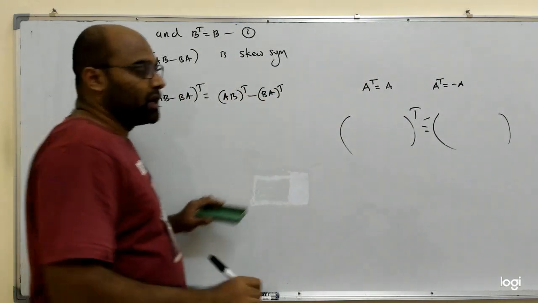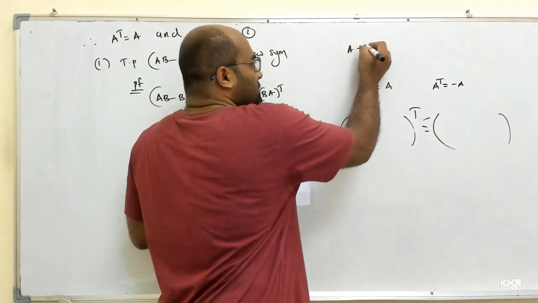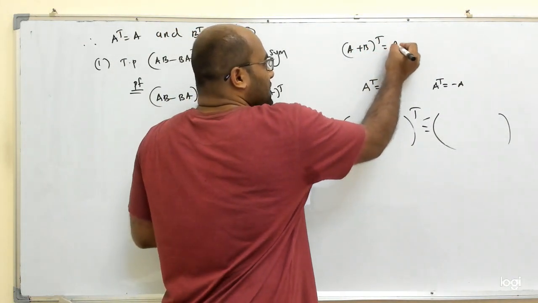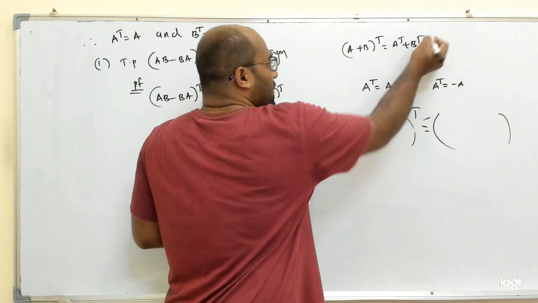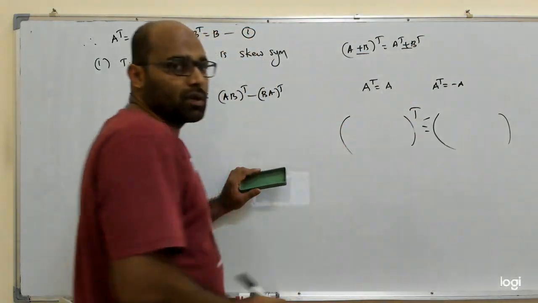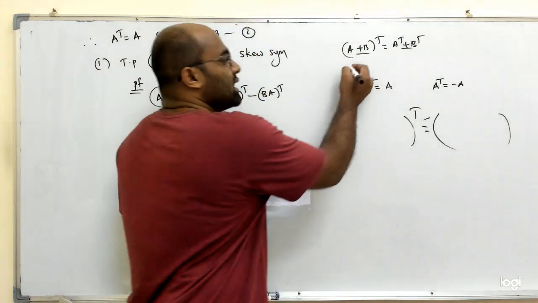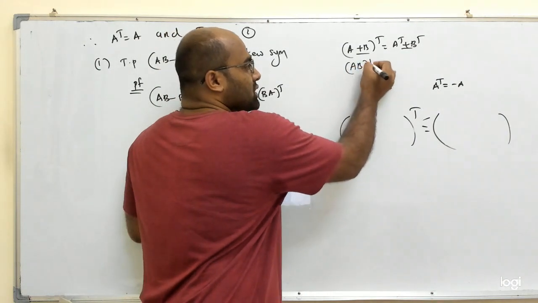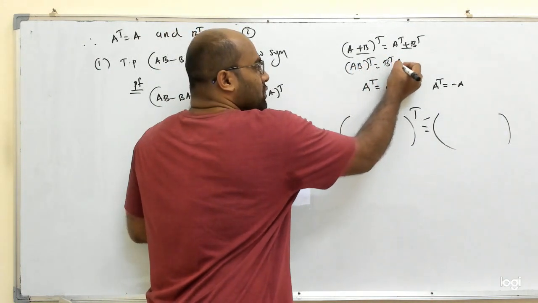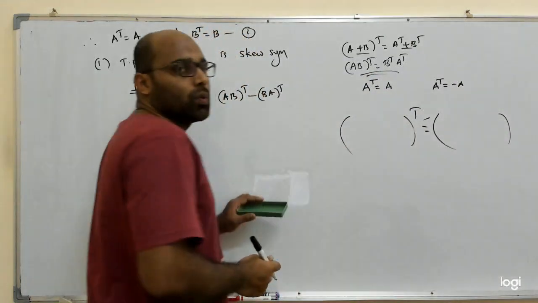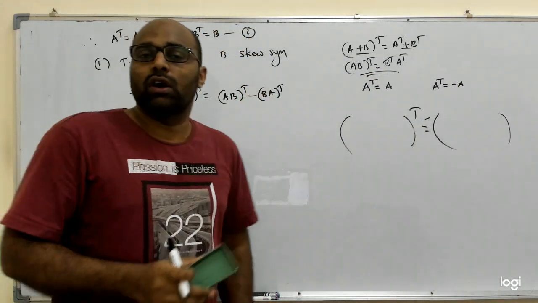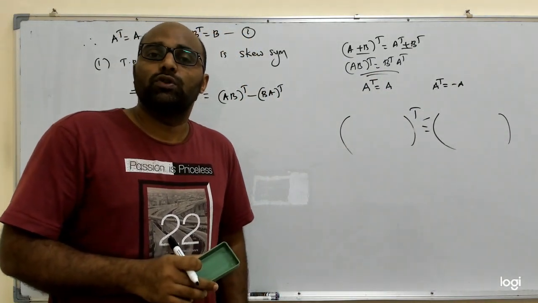We have a property: A plus B all transpose can be separated as A transpose plus B transpose, and likewise for minus. But multiplication is not like that. AB all transpose is B transpose into A transpose, just like the reversal law.